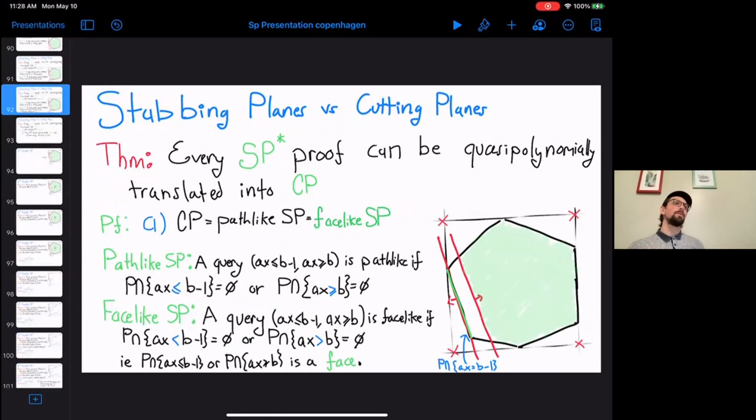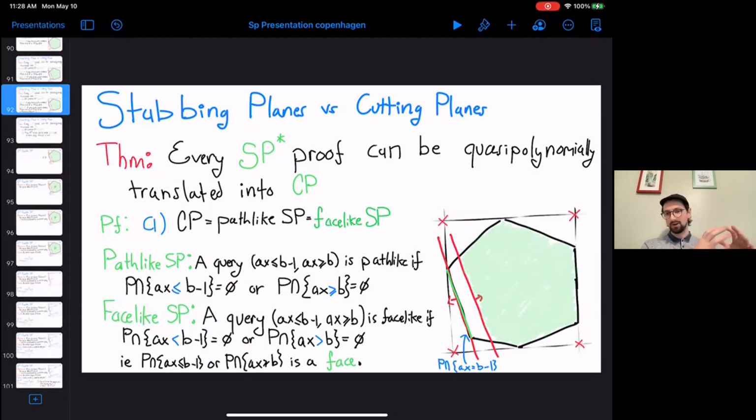So one thing is that for path-like stabbing planes, although the proof is one long path, what you're actually doing is repeatedly querying each of the CG cuts. And so it's DAG-like in disguise a little bit, because each CG cut depends on the previous ones.